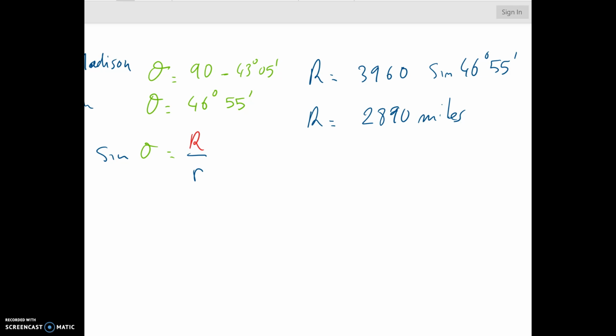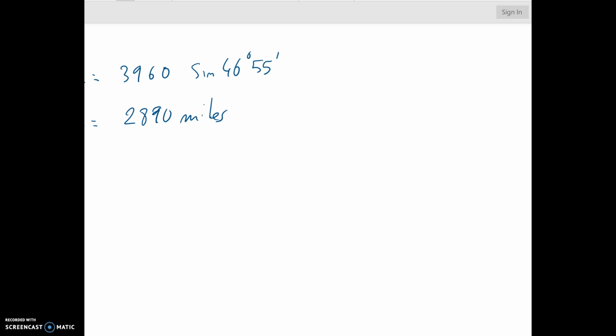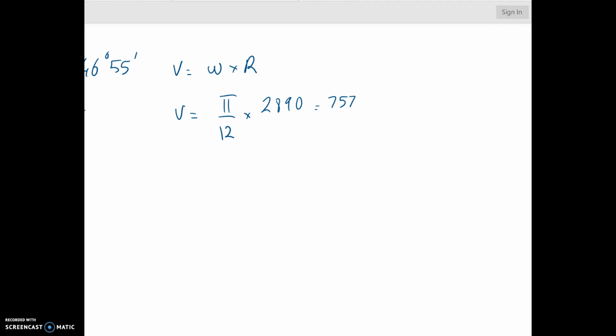Now, you have everything you need in order to find the linear speed. The linear speed v equals omega multiplied by r. v will be equal to pi over 12 because we still have the same angular speed, 2 pi in 24 hours, pi in 12 hours, multiplied by the value of r, which is 2,890 miles, and we end up with 757 miles per hour.